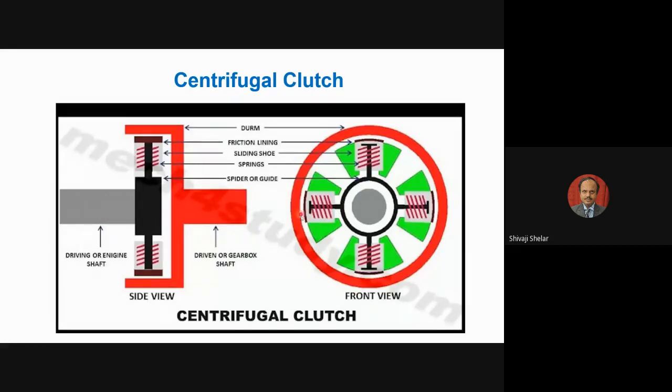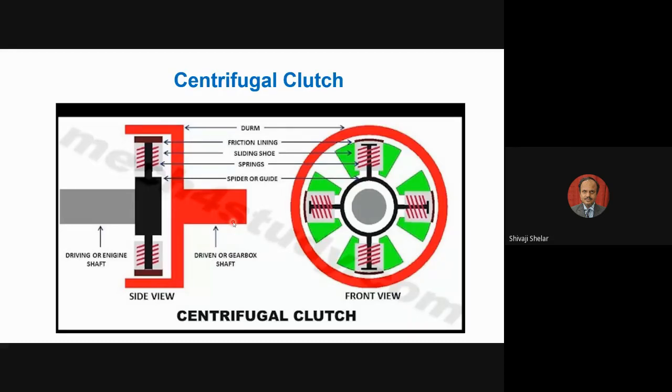At the outer end of this block there is a friction lining material, you can see here. The driven shaft has a drum surface. When sufficiently large speed is reached by the driving shaft, this surface touches the drum surface. They make physical contact and there is friction, and that friction force drives the driven shaft. So this is an automatic clutch.